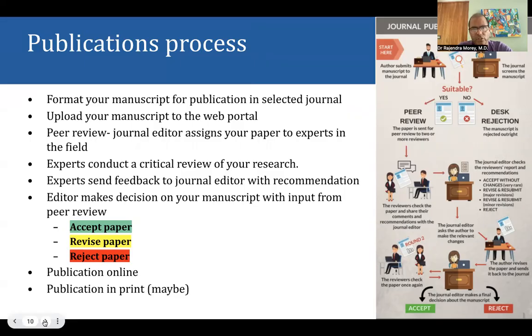Then uploading your manuscript to the web portal for the journal. That initiates a peer review process, which starts with a journal editor that assigns your paper to experts in the field. These experts then read your paper and provide a critical review with comments, which they send back to the editor. And they also send a recommendation of what should be done with your paper.